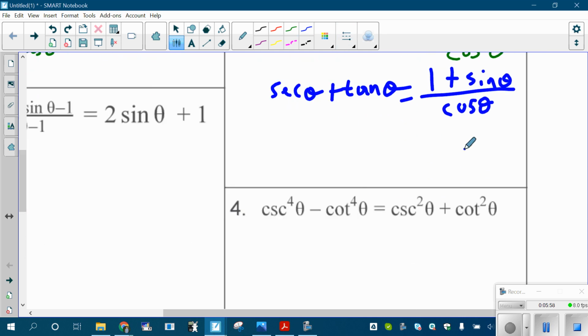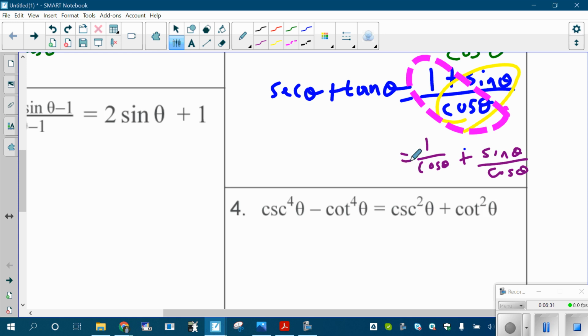Last thing, I can split up this right side into 2 fractions using this idea. Lemke, as we've talked about, calls this monomdenom. Monomdenom. Because you got a monomial in the denominator. Anytime you have 2 things added together in the numerator and you got a single thing in the denominator, you can split it up this way into 2 fractions. 1 over cosine of theta plus sine over cosine of theta.